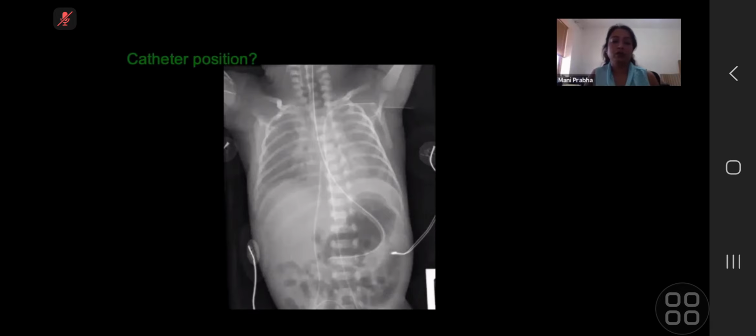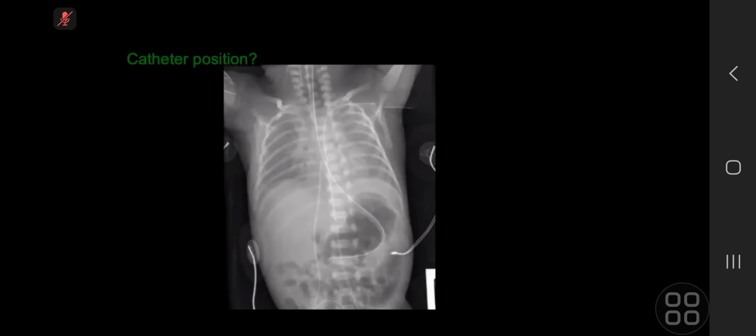Okay, next one for you. Okay. Again, I'm provided with the babygram in which multiple lines and tubes are noted. So I can trace down the umbilical artery catheter in the normal position at approximately T7, T8. And the nasogastric tube is well placed and is at the distal part of the stomach.